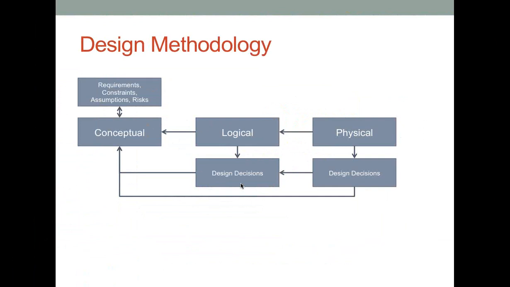So now I've taken this risk, how am I going to mitigate this risk? Because there is no perfect design. Same thing as you move into physical. So I'm specifically buying this, or I'm specifically going to configure it X, Y, and Z way. You're going to make design decisions, and those are going to map back to your logical, as well as map back to your conceptual. Did you meet that business requirement? Yes, no. Did you introduce a risk? Yes, no. Is it documented?